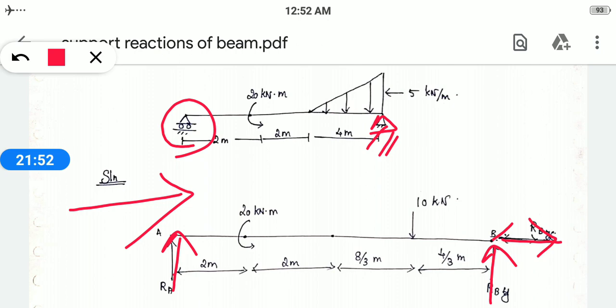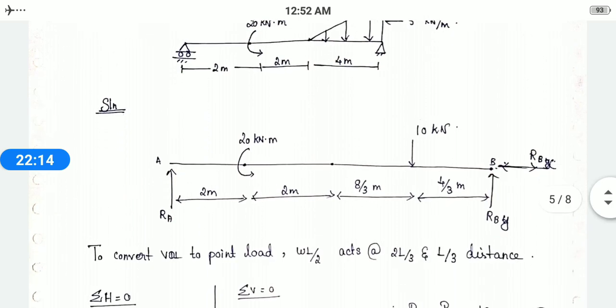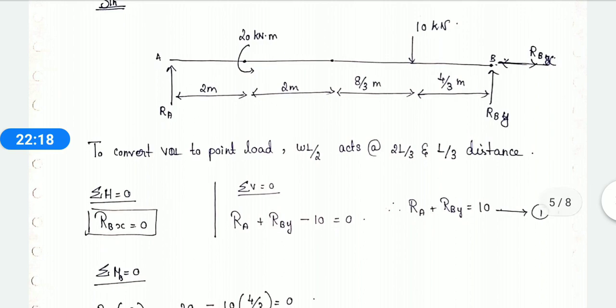And then they have given this 20 kilonewton meter, that is a couple over here, or you can take it as a moment, that is kilonewton meter. If they give the value in kilonewton meter, it means it is your moment. We should not multiply it with the distance when taking the moment calculation. Okay, this is your normal condition. We find the horizontal forces equal to 0.